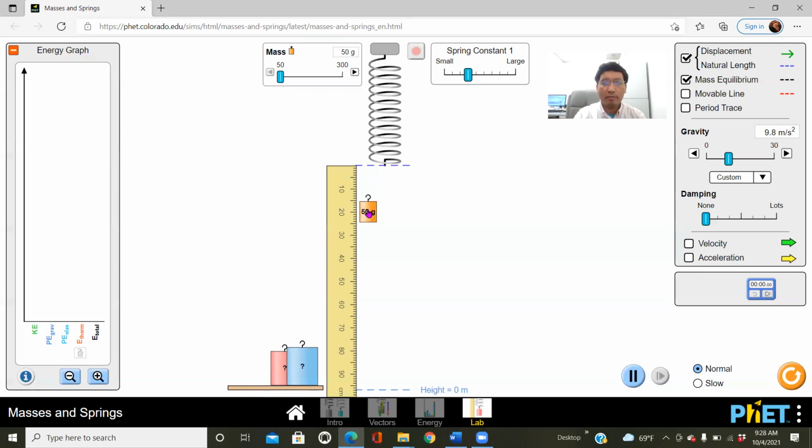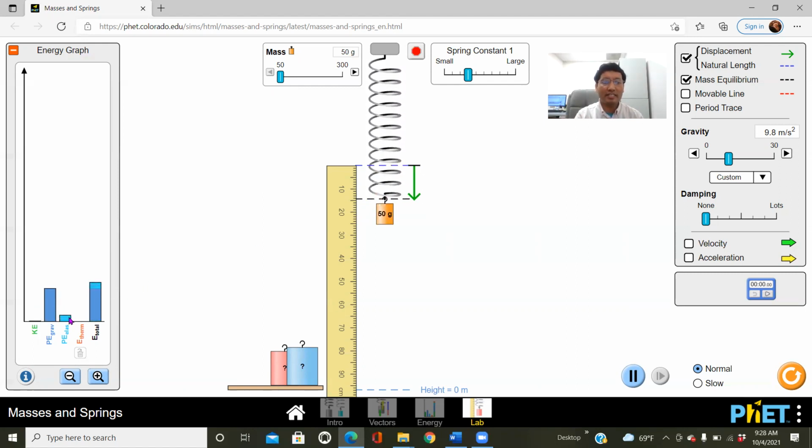Let me grab it and put it here. It will oscillate, and the energy of oscillation is showing. Kinetic energy and potential energy are changing all the time, but we are not worried about these energies. So we stop it so that we can measure the displacement, right?